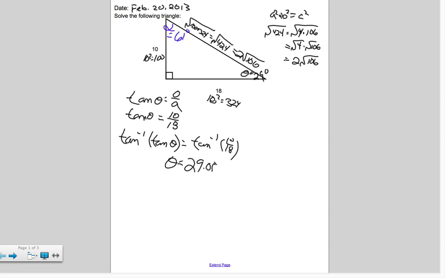However, I will caution you that given the calculator work I've seen my students do, I highly recommend that you do this another way. If for whatever reason you mishit 10 over 18 and hit 1 over 18, missing that 0, and do the inverse of tan of that, what's the inverse tan of 1 over 18?